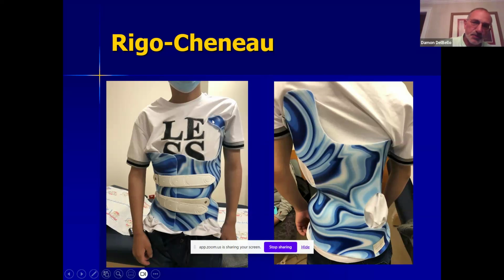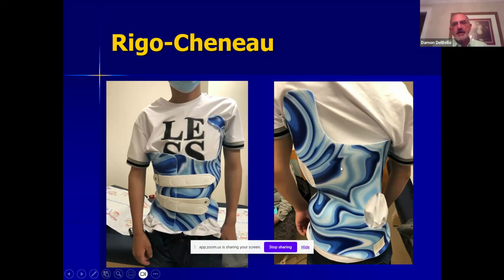It derotates, it pulls the chest back here. It's hard to see, but here you can see the pelvis, and the lumbar spine is derotated here, and then the chest comes in this direction, and this horn is pulling the chest back. So it is derotating as opposed to the Boston brace, which is just lumps and bumps and pads that just push.